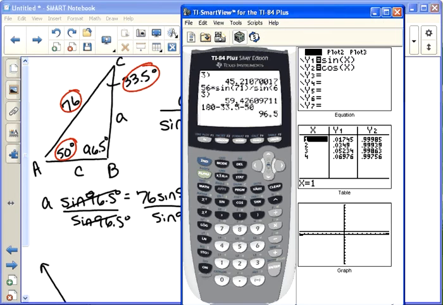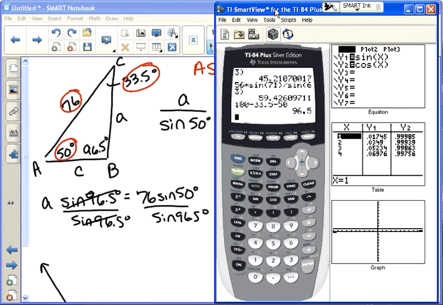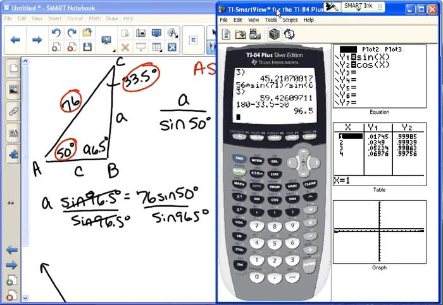Okay, so this is going to give us 76 times the sine of 50 degrees divided by the sine of 96.5 degrees. Make sure your calculator is in degree mode. So I end up, if I round, getting 58.60 for A.